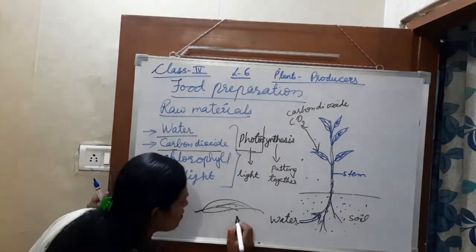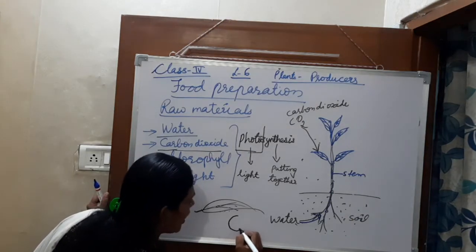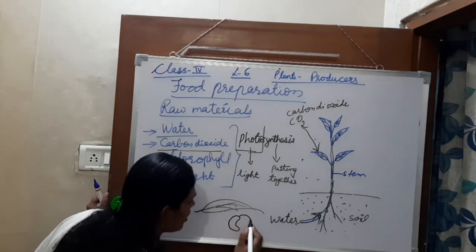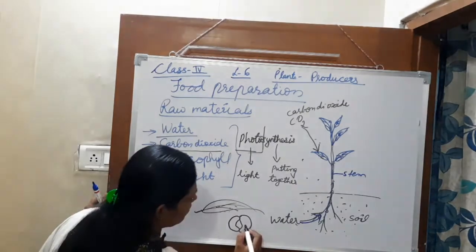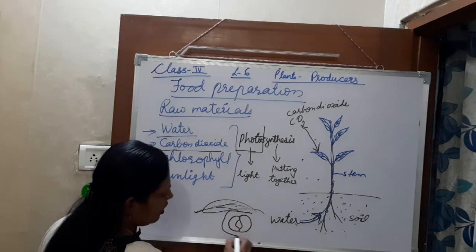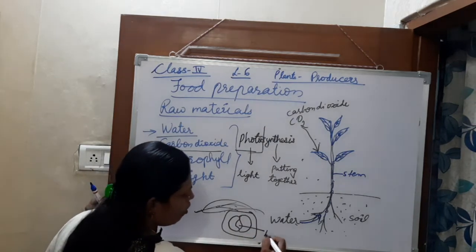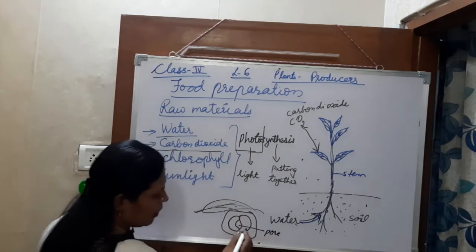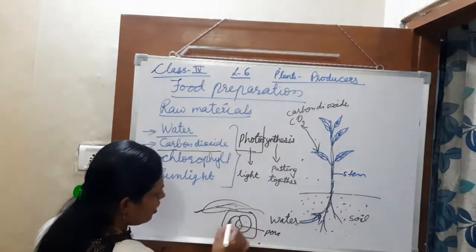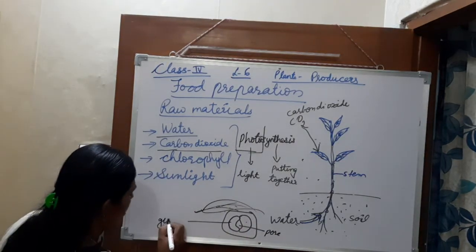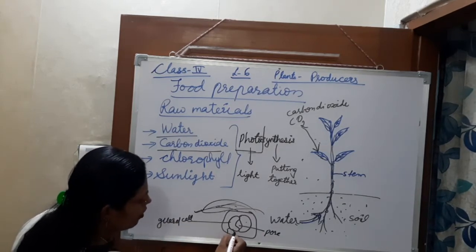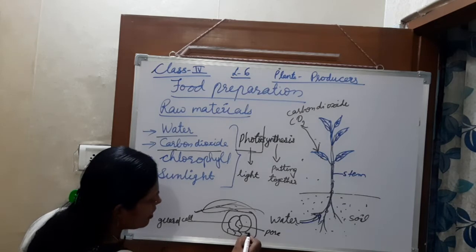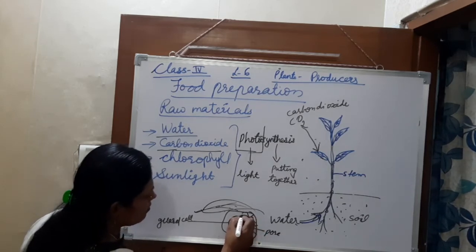If you see the proper structure, this is the stomata. Here this is the pore, the stomatal opening, and this is the guard cell. Surrounding it you can see the supporting cells.